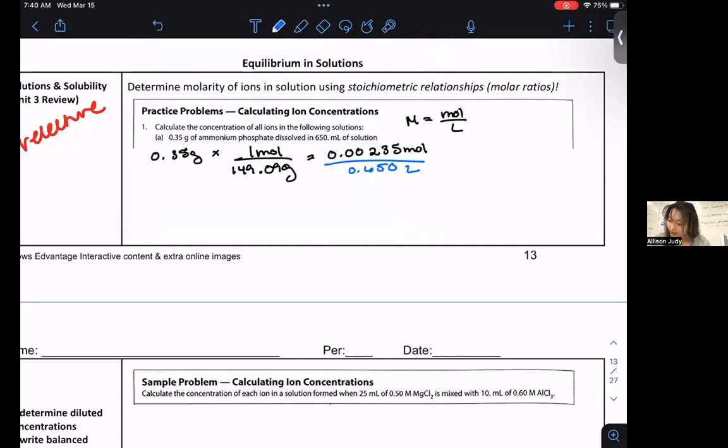And I get that I have a molarity originally of 0.0036 molarity of ammonium phosphate, NH4, PO4. All right. And so what I need to know now is what is the concentration of each ion?